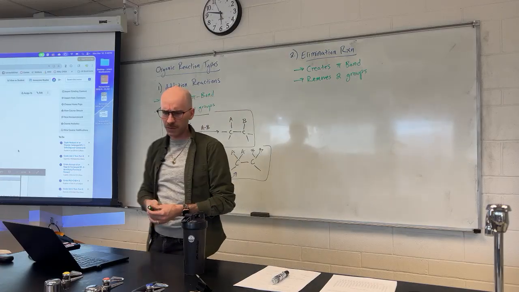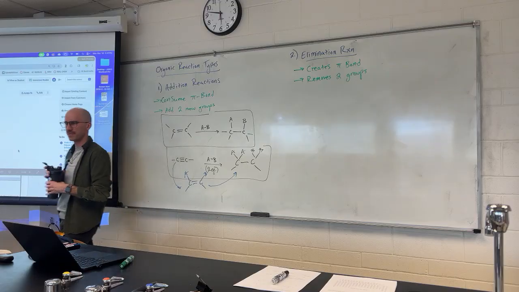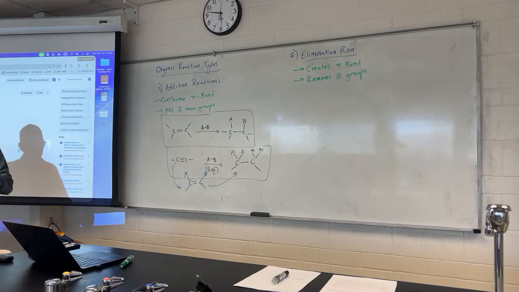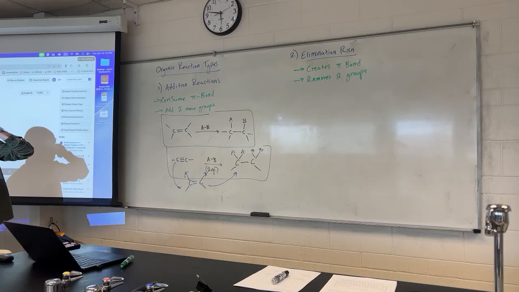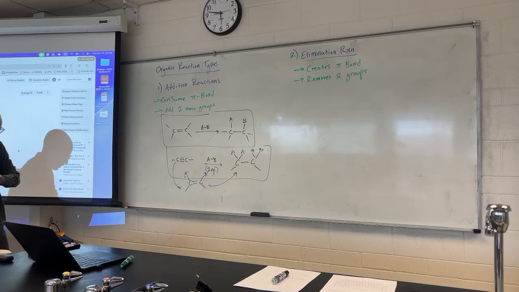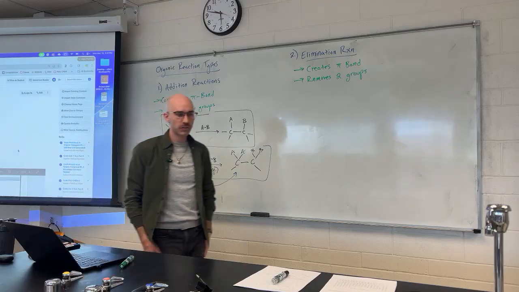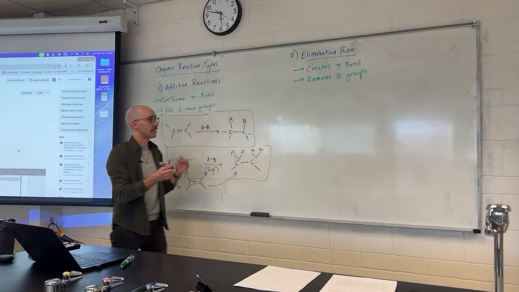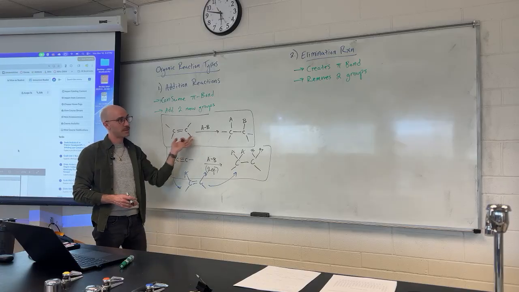What are these groups that are being removed? A lot of times one of them is a hydrogen, and for another one, we'll see a lot of elimination reactions with halogens, alcohols. In fact, you guys will be doing all of these reaction types in your lab class as well. You'll get a chance to dive into each one. If we were to generalize the elimination reaction, it is essentially the exact opposite here.